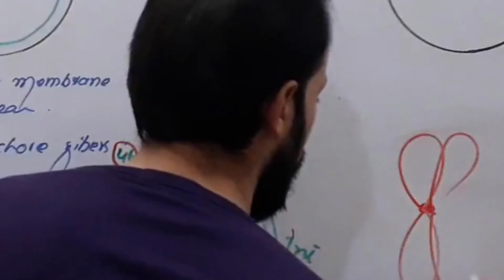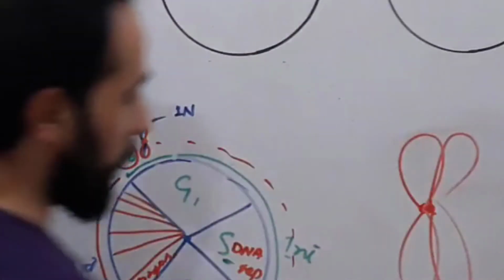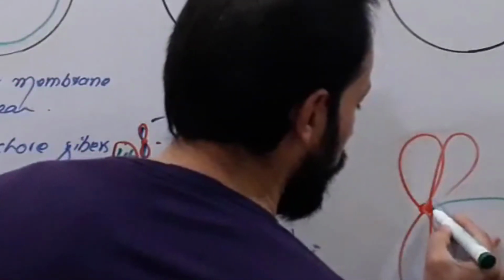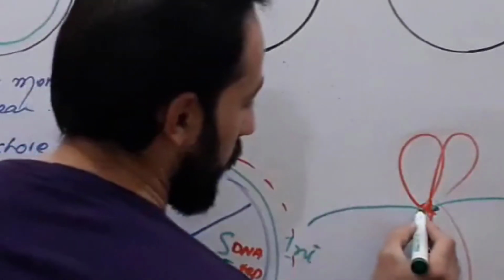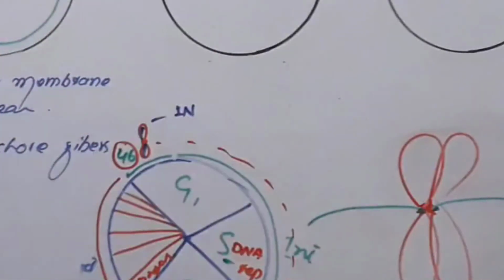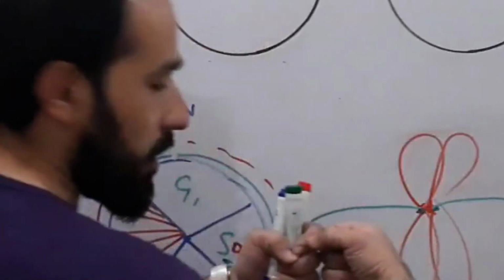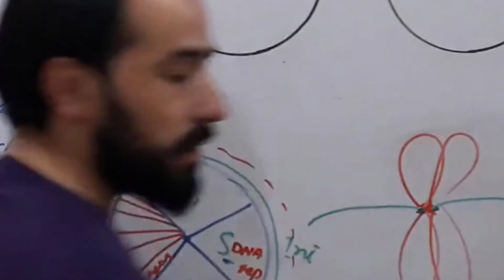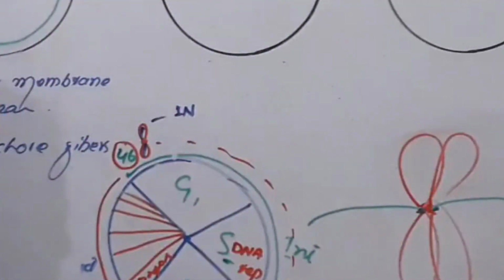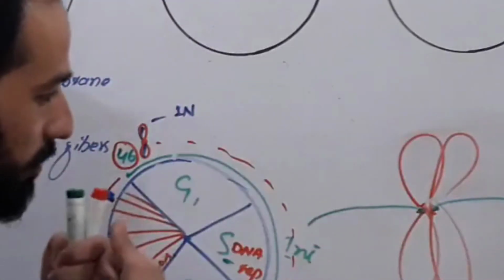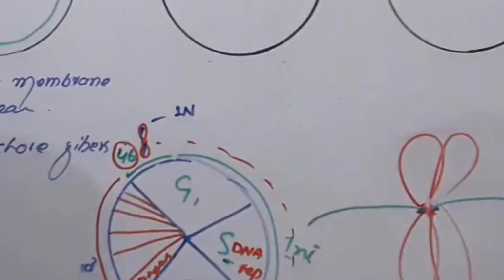So if here is our chromosome, right, and these fibers are our kinetochore fibers, they make connections with the centromere, and we will see that they will start pulling these centromeres and will dissect the chromosome and will cut the chromosome here and will divide one chromosome into 2 chromosomes.